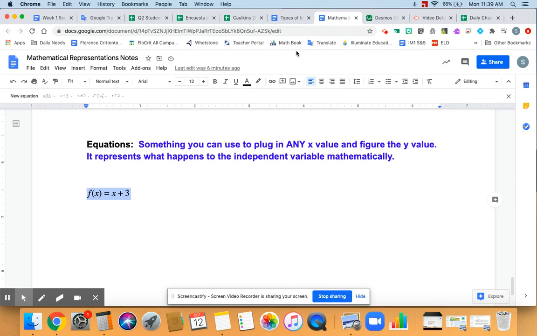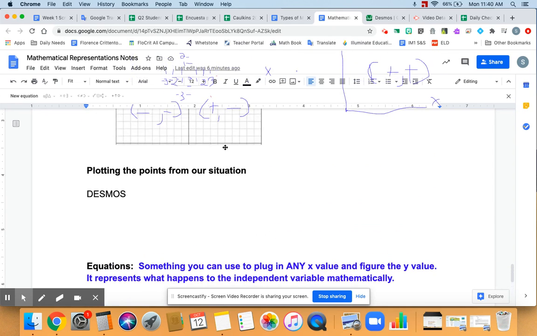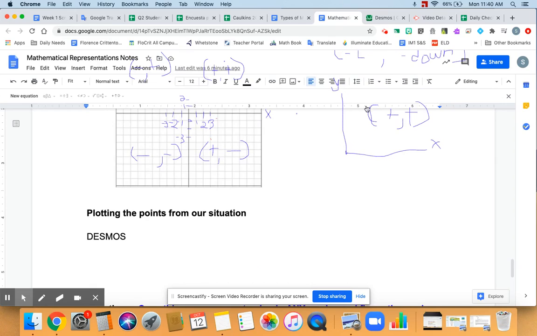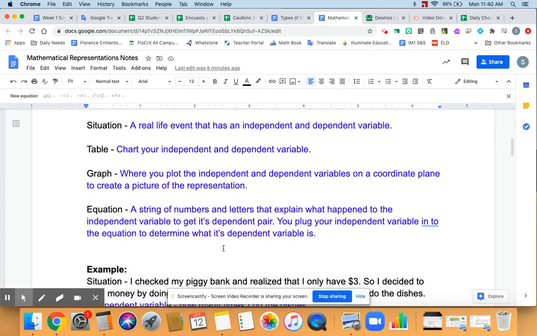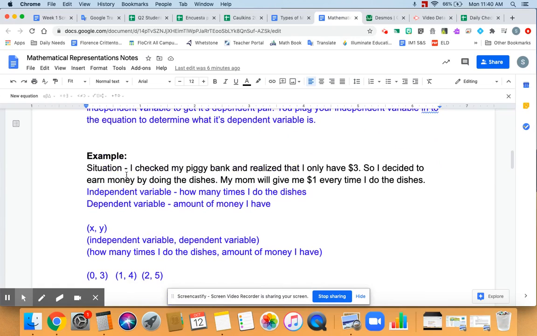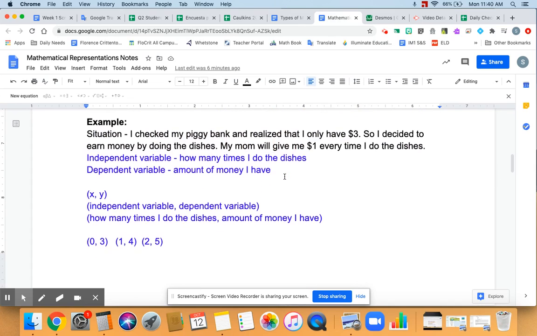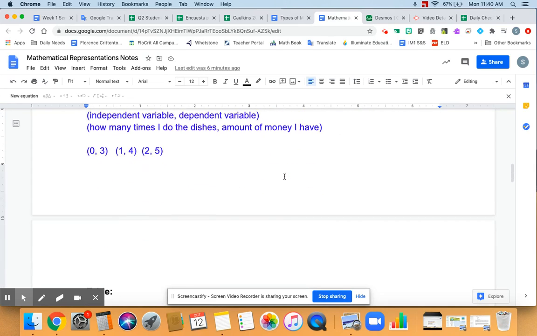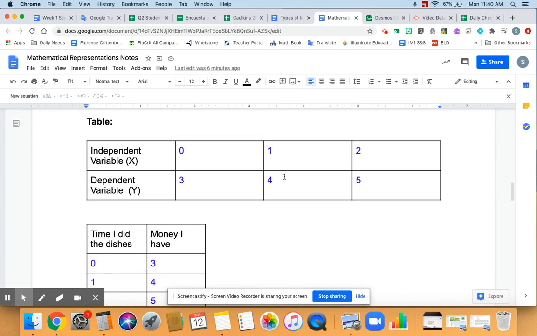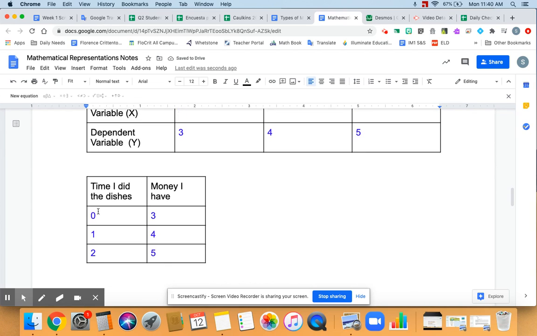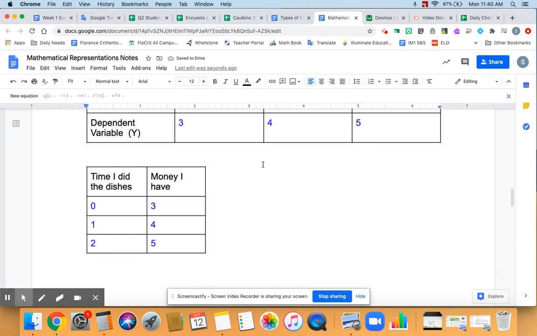All right, so those are the 4 mathematical representations. They all represent the same things. The situation just tells you what it's about, and that's how you represent it by understanding what's going on in real life. The table just represents it in a way that you can see your points side by side, in a little chart.